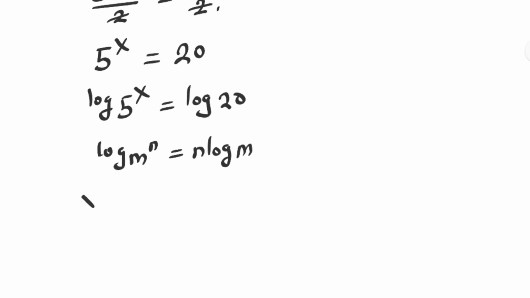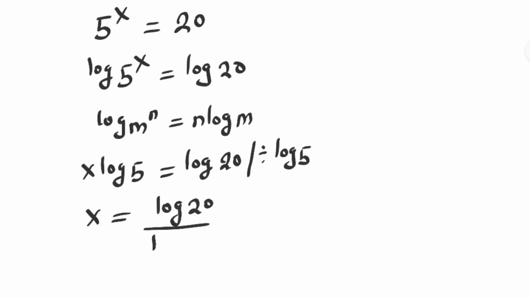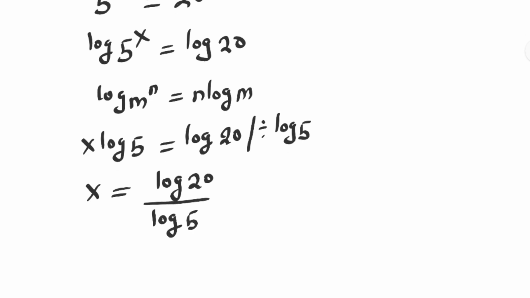Then we have x log 5 is equal to log 20. Now let us divide the whole of this equation by log 5. x is equal to log 20 over log 5. But 20 is equal to 4 multiplied by 5.